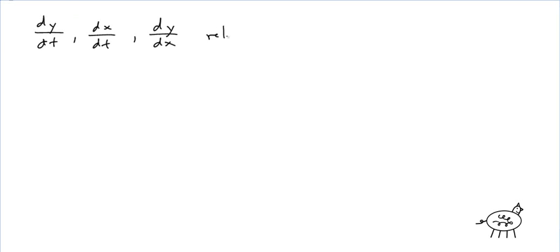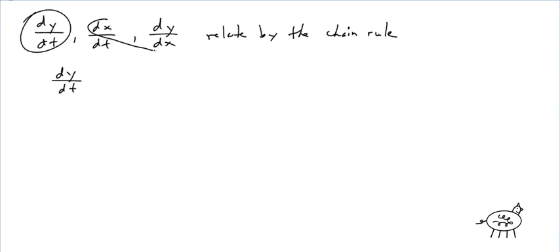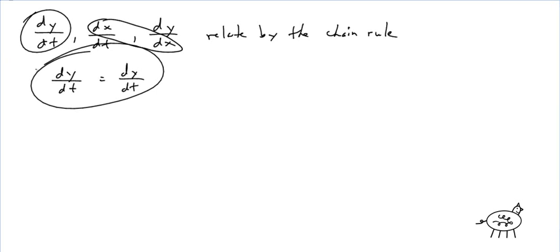If I relate these by the chain rule, doesn't that link them together? dy dt equals dy dt. That's one way to link them by the chain rule.